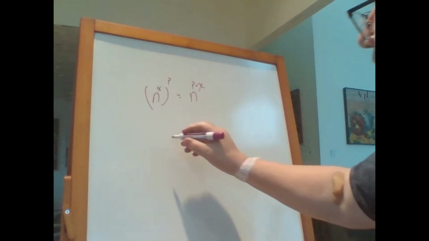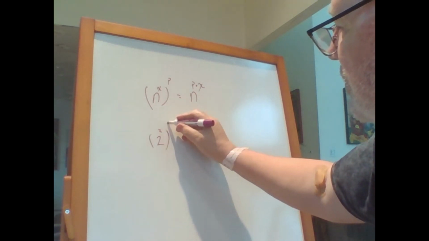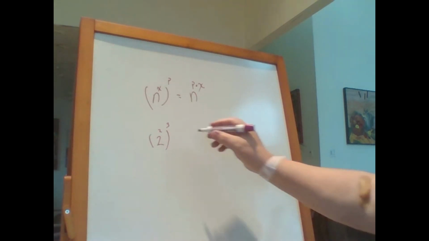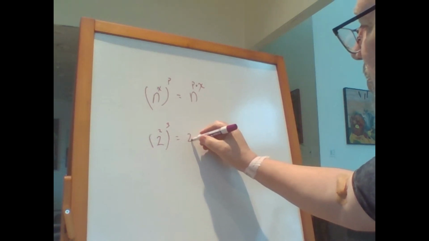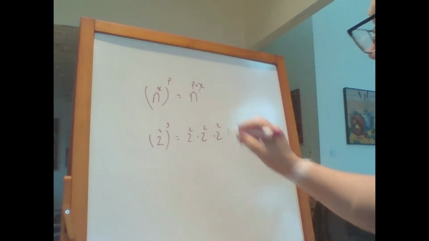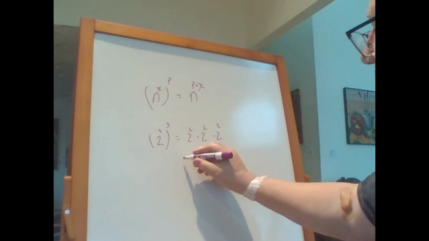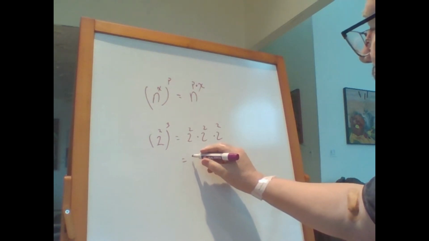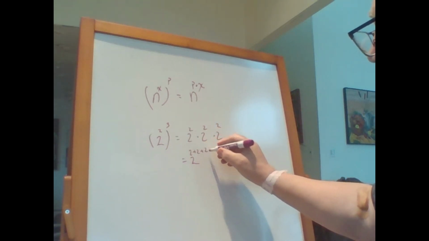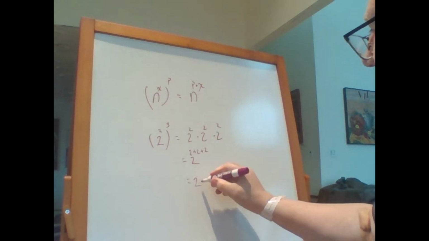And let's take a look at it. So an example, 2 squared to the 3rd power. So this means we have 2 squared times 2 squared times 2 squared. All right. But that's equal to 2 to the 2 plus 2 plus 2. And that is equal to 2 to the 6th.